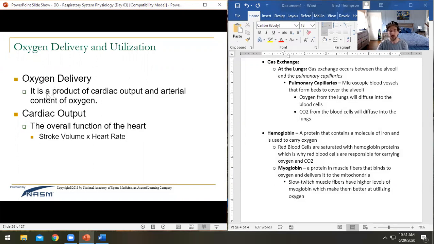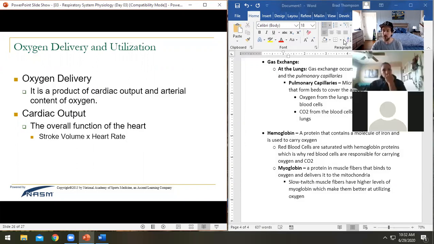Oxygen delivery is the product of cardiac output, right? Cardiac output is the function of the heart. You can't deliver oxygen unless your heart is functioning properly. So that leads me to one last thing I want to talk about before we leave, going back to pressure. This is not a political statement, but sometimes you hear people say they're worried about not being able to wear a mask because they have a hard time breathing.